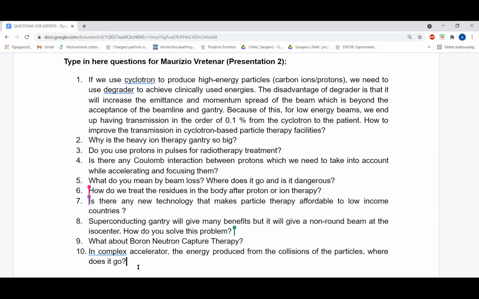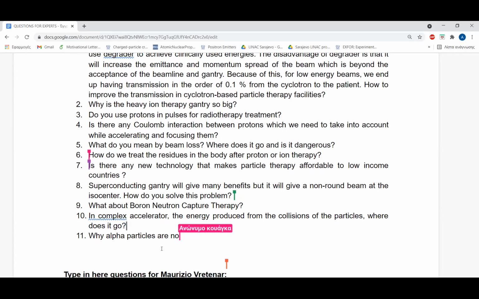They generate a magnetic field, and there is an attraction, which is of course zero when the particles are at rest, but is higher and higher as you go towards relativistic speed. So yes, Coulomb interaction is a problem, particularly at low energy when the particles are not relativistic. When the particles are relativistic, there is a magnetic effect that compensates the Coulomb repulsion.